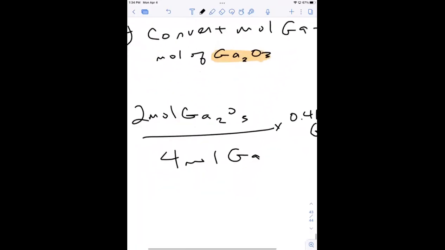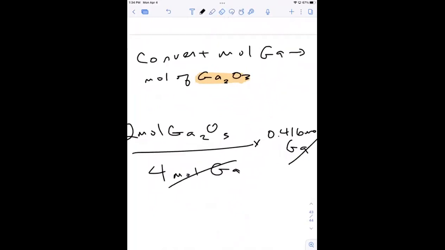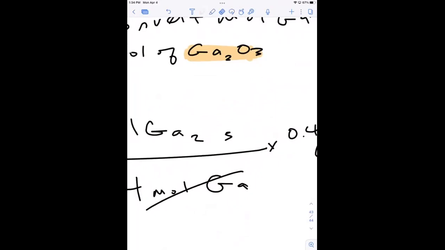We're trying to cancel out the moles of gallium to convert that into moles of gallium oxide. As long as the equation is balanced, we can find a relationship between those two, and it's cake.